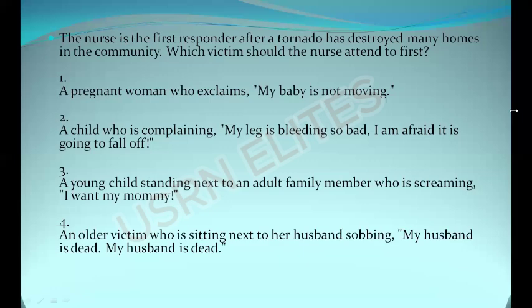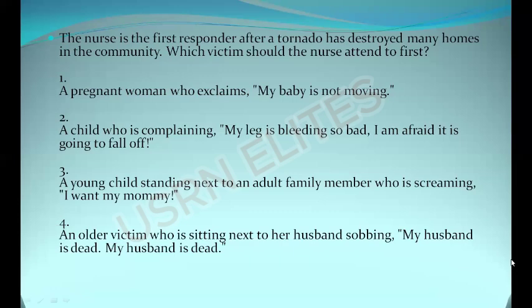Sister Letitia, your hand is up. Let's go. Okay, for me, I'll go for two, because the first one says the mother who is pregnant is shouting the baby is not moving. At that moment, there is nothing to be done at that instant. Even in the tornado, assessing for the sound and whatever is going to be a whole lot. Meanwhile, there is someone who is bleeding profusely and needs to be attended to.